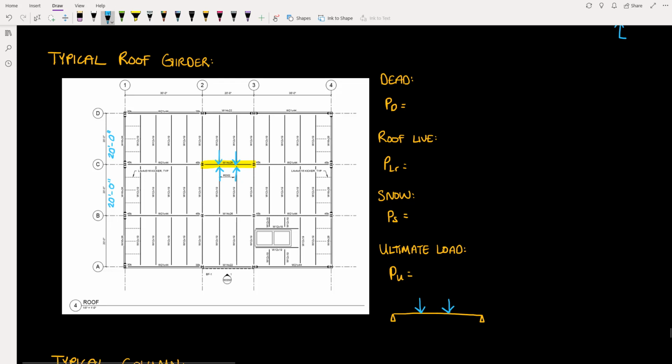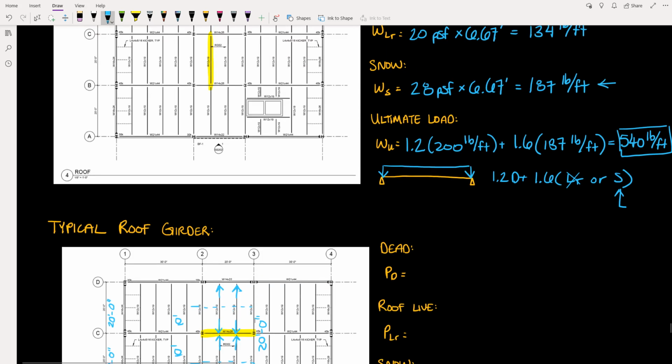So the load will come from the beam on both sides of the girder, and it will be half the load that it receives. The other half will go to the girder on the opposite side. But in total, it will receive 10 feet from this side, 10 feet from this side, and so in total that will be 20 feet of load.